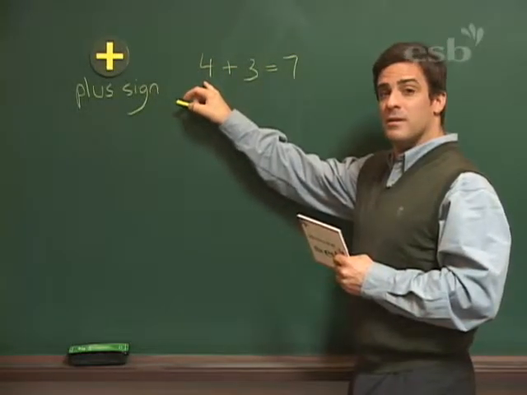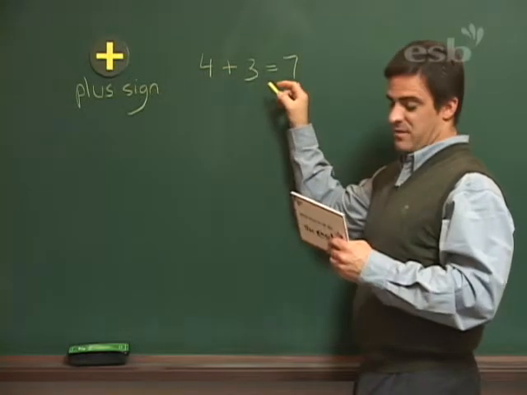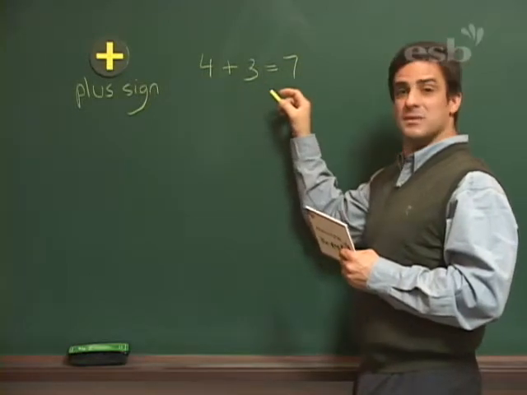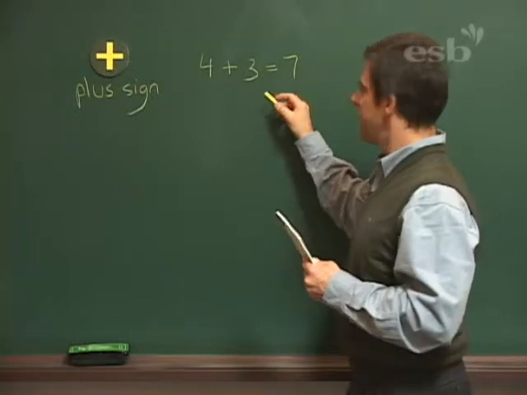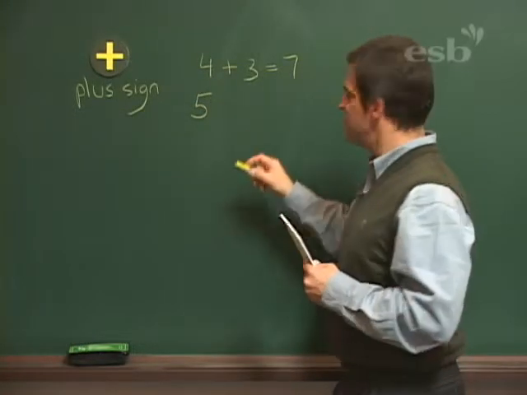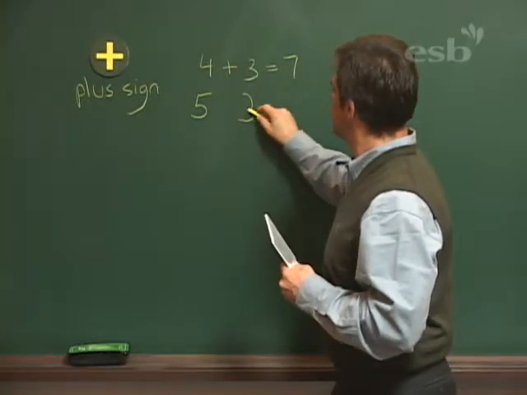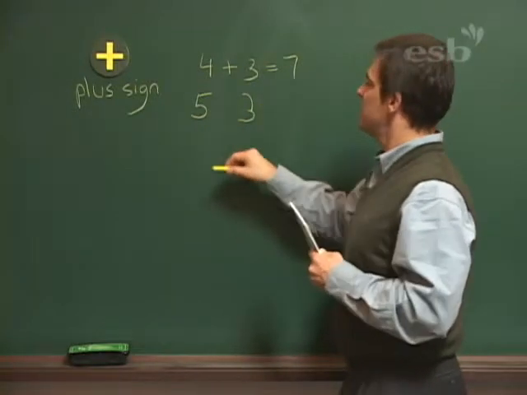4 plus 3 equals 7. One more? Okay. 5 and 3.